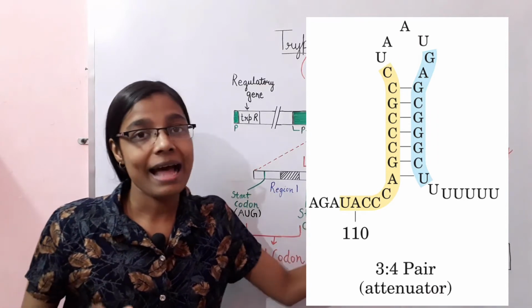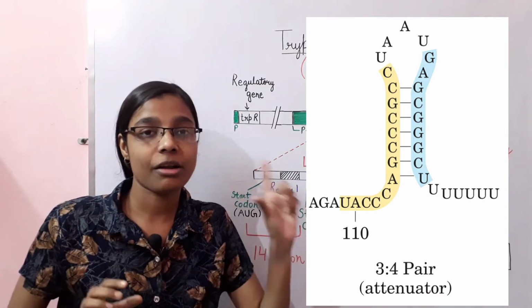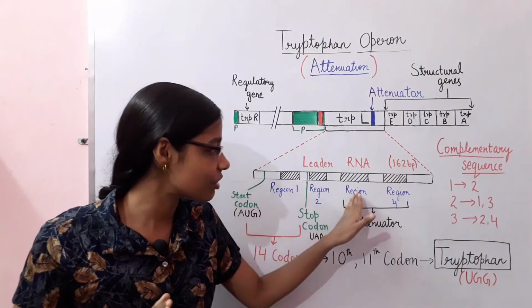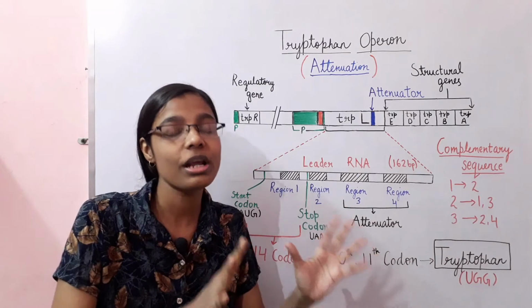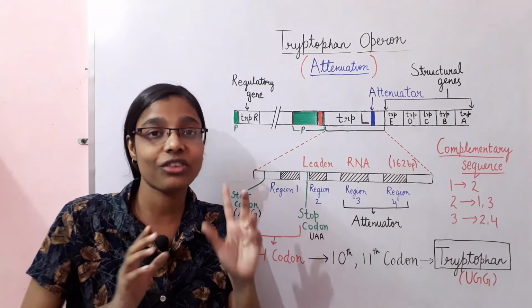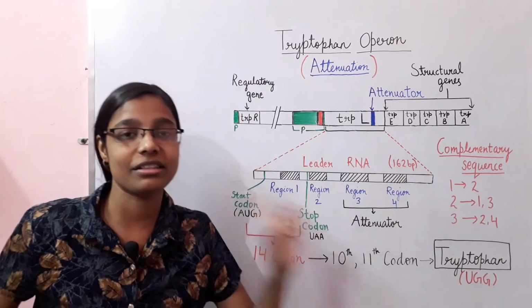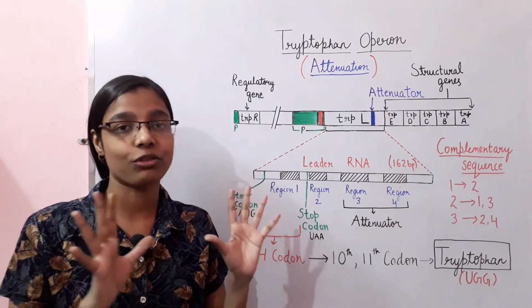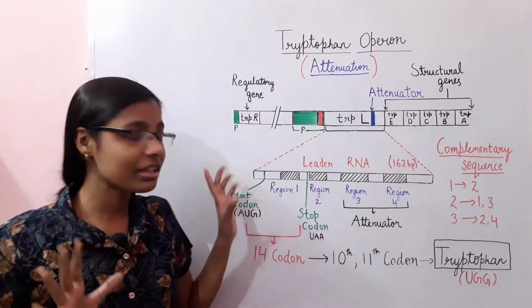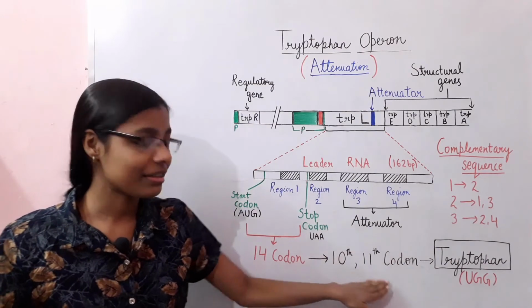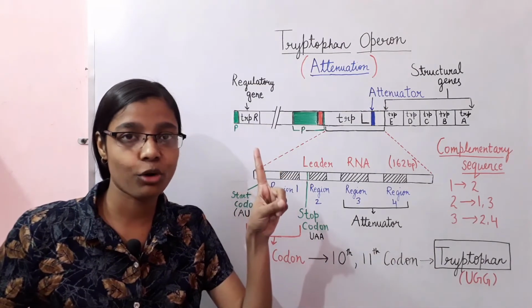Region 3 and region 4 form a terminator loop, and whenever there is pairing between region 3 and region 4, there is formation of a terminator loop, due to which transcription gets inhibited. So this is a very important point that you have to focus on: first, region 1 has tryptophan codons at the 10th and 11th positions.